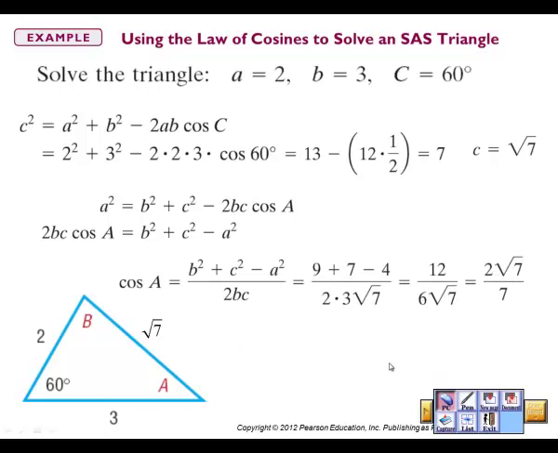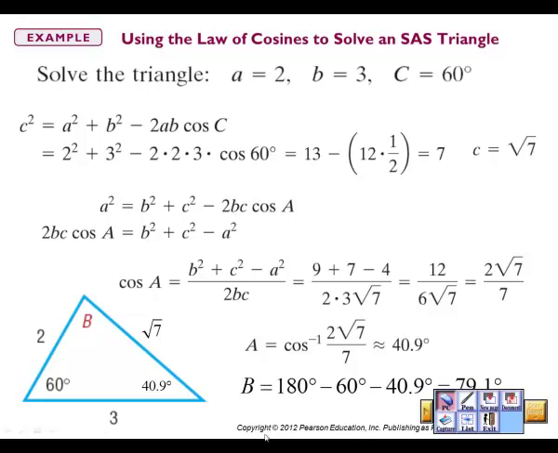And so they went ahead and used the law of cosines again and got 40.9 degrees. And we got 41. So we were close enough to that.